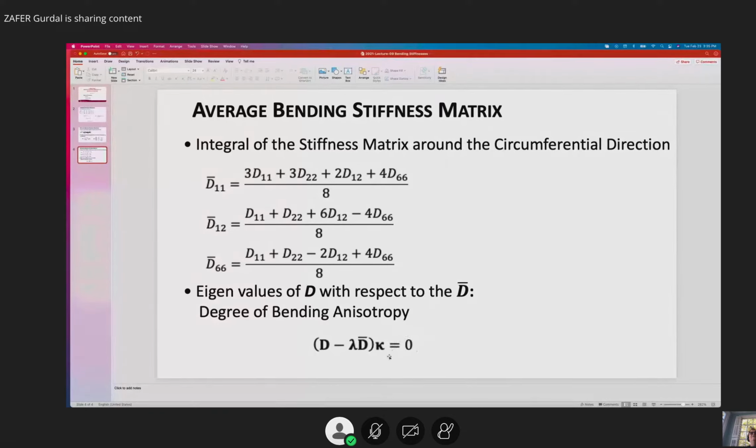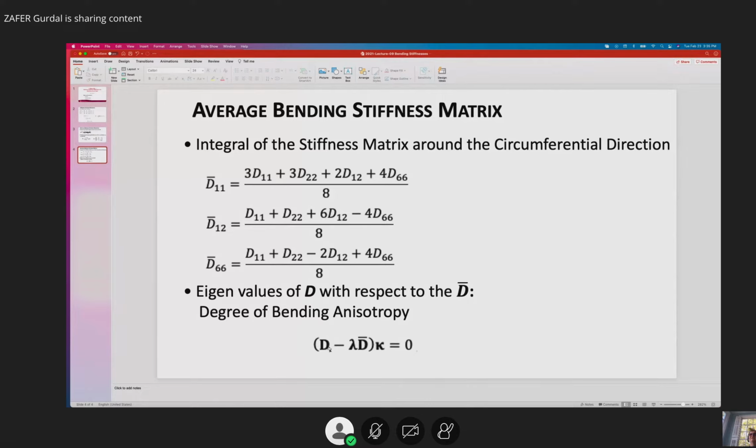Meaning that if the laminate is isotropic, the D matrix is going to be equal to the D bar matrix, and the lambda will come out to be 1. If lambda is 1, the D matrix is isotropic.